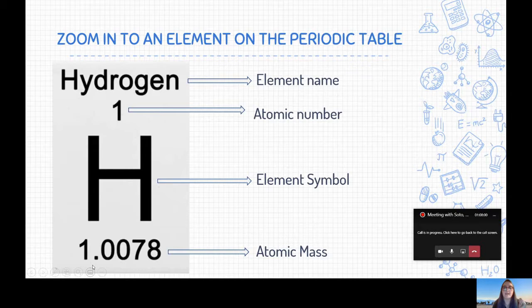And then below that we have the atomic mass. Okay, so remember when we said that atoms have mass, right? The protons and the neutrons we said was where the mass is found in the atom. So this is the average mass of an atom of hydrogen, 1.0078 atomic mass units. Again, we're still using AMU.